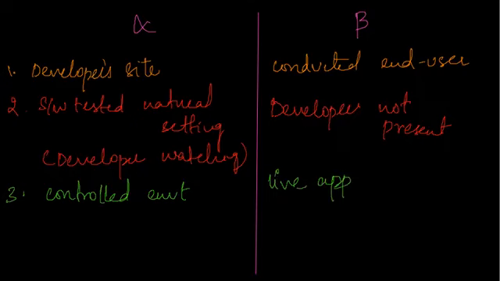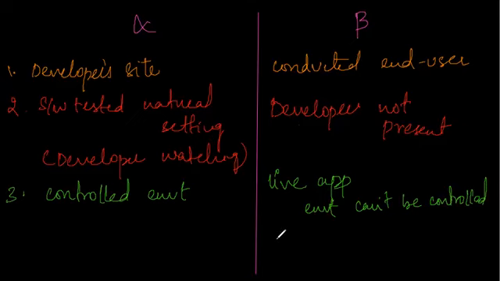Now when the system is serving as a live application, the environment in which the software is being run cannot be controlled, because you do not know what error might occur or what type of data you're using. So these are the differences between alpha and beta testing.